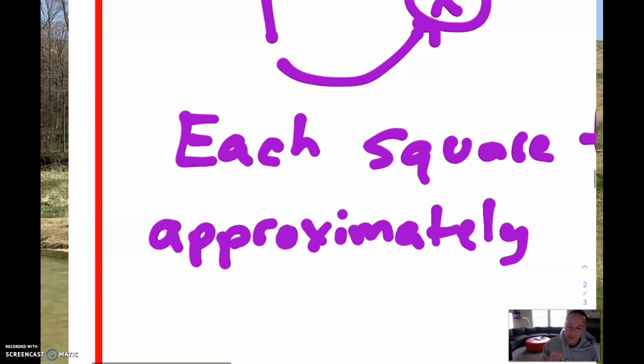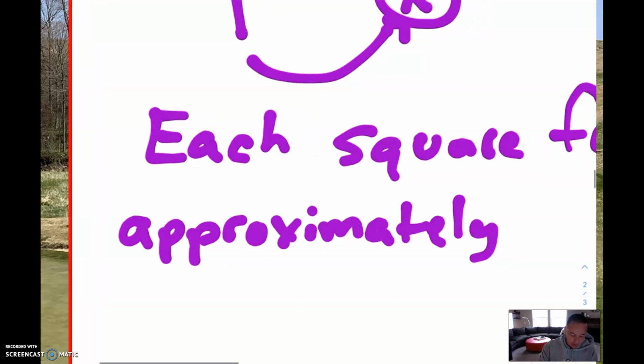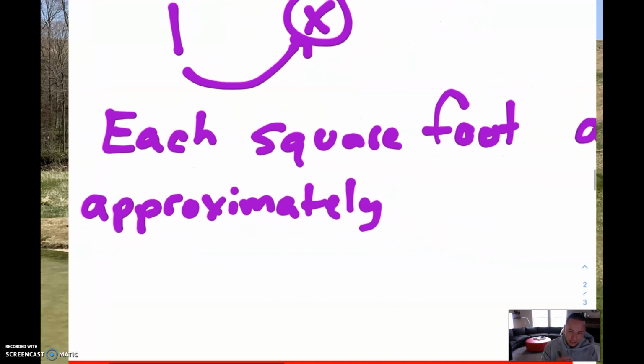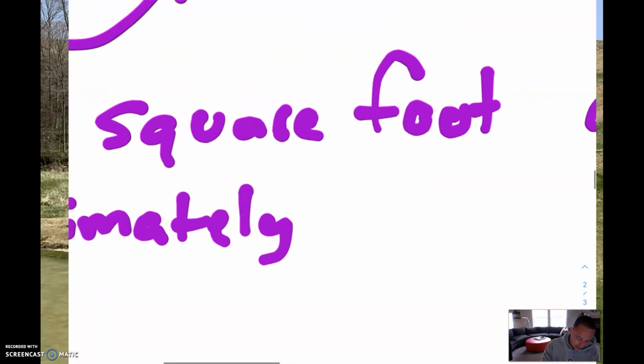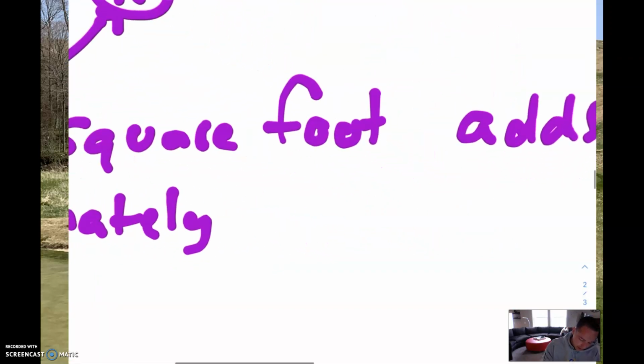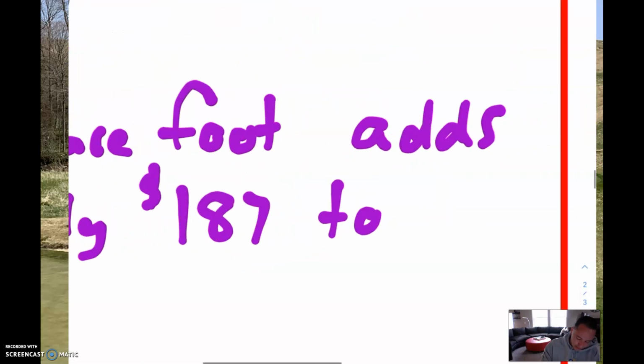It's important to use that word approximately because it's not like 1 square foot is automatically going to add 187. It's just, in general, the larger the size of the house, the more it's going to be worth. So it comes down to each 1 square foot adds approximately $187 to the value of the house.